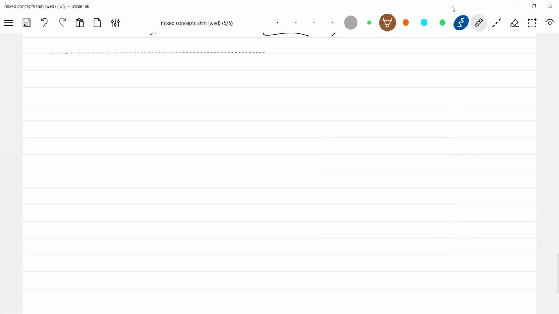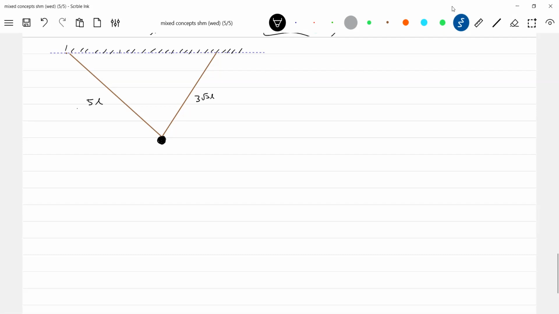Okay, we have a length. This will be 5L, 3 root 2L.